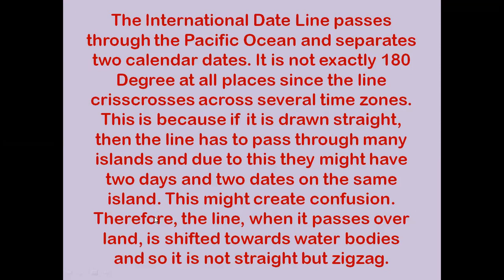Therefore, the line, when it passes over land, is shifted towards water bodies, and so it is not straight but zigzag. So this is the speciality about the international date line, how it goes, where it passes, at what degree, whether it is straight or zigzag, and if it is zigzag, why it is zigzag.